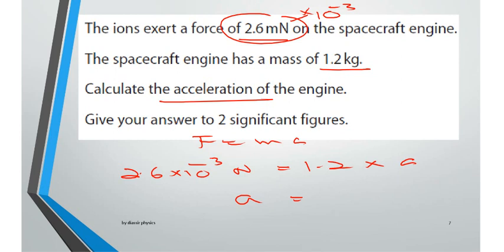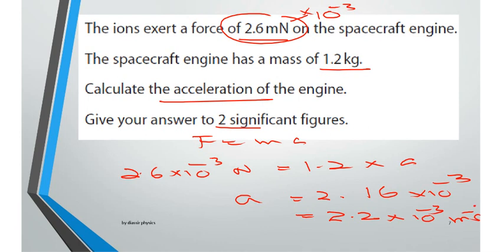So the acceleration is 2.16 x 10^-3. To two significant figures we can round off to 2.2 x 10^-3 m s^-2. Clear? Right.